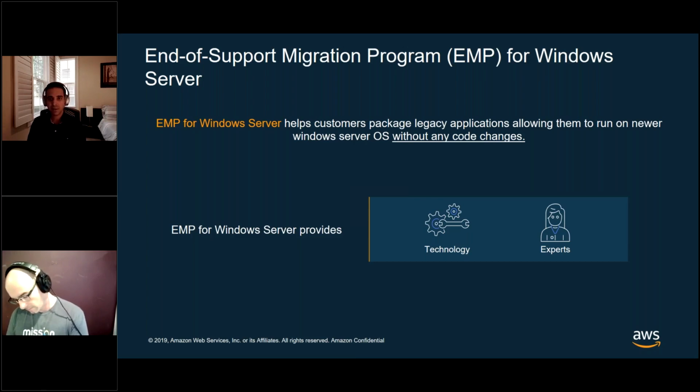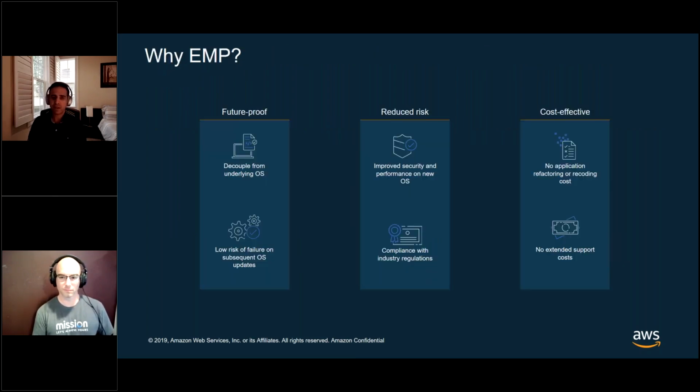So the EMP program consists of our tooling, which is what we use to do the packaging of the application. And then if you need access to experts, then we have our partners such as Mission Cloud, or we also have our own professional services team called ProServe that can help you with any technical help that you might need on the packaging of these applications.